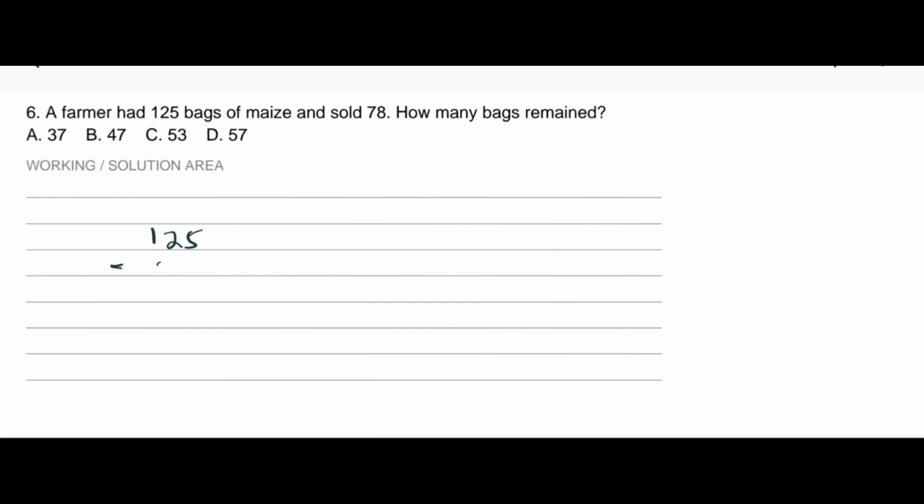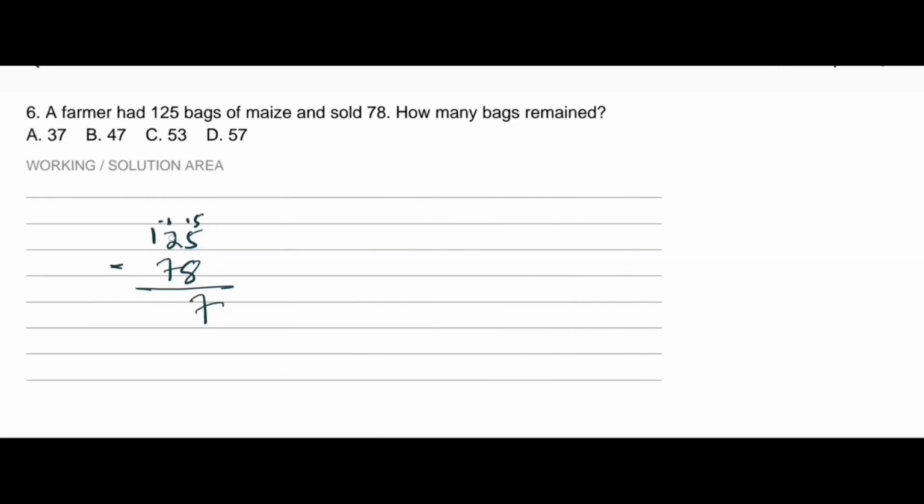So minus 78. So 125 minus 78. 5 minus 8 is negative, so we borrow 1 from here and bring it here. When we bring it here, this becomes 15. So 15 minus 8 is 7.